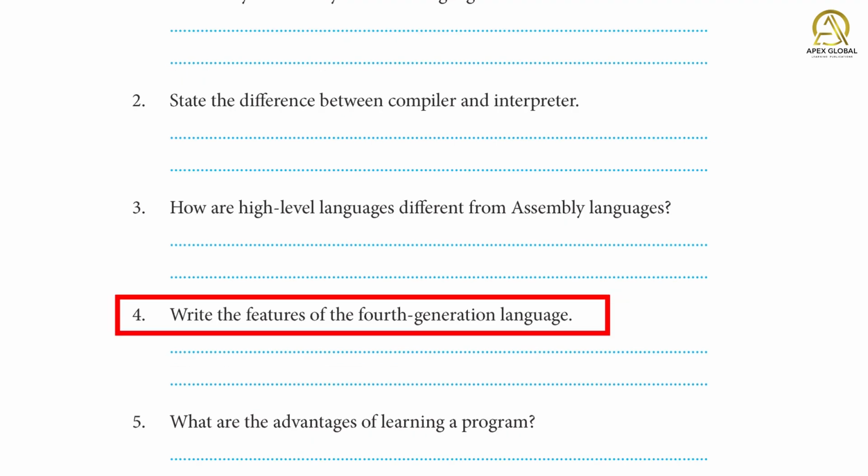4. Write the features of the fourth generation language. Answer: The features of the fourth generation language are as follows. 1. High speed of execution. 2. Highly user-friendly and designed to reduce the level of programming effort. 3. In this language, the user has to mention only the output required, while the computer regulates the sequence of instructions that will achieve those results. 5.